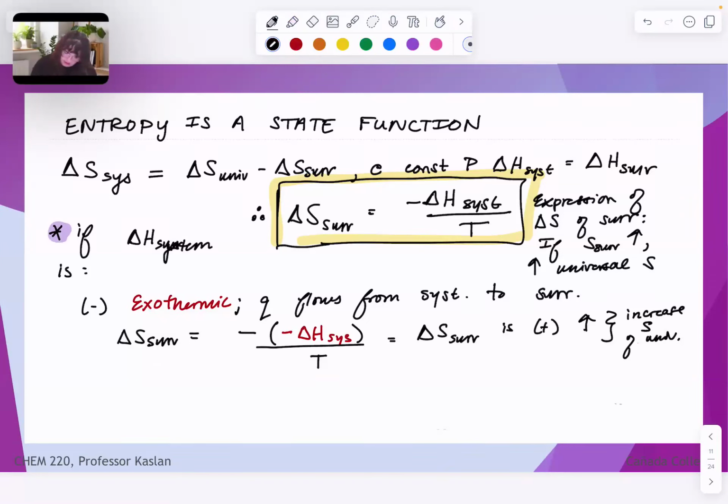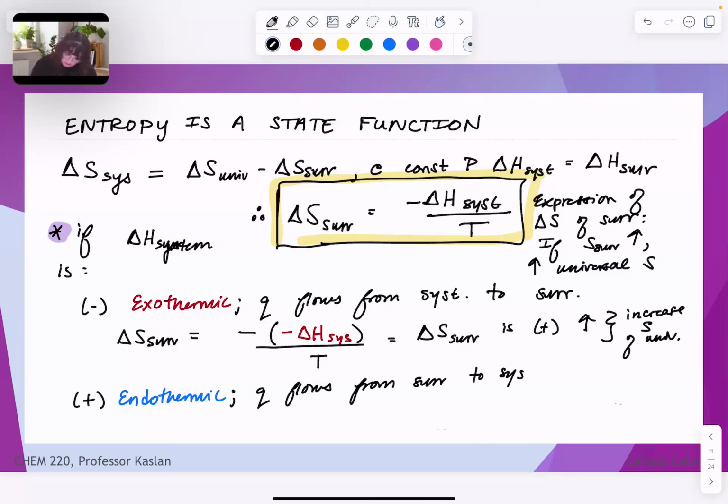Let's do an analysis for if we were endothermic. So if we are an endothermic reaction, then heat flows from the surroundings to the system, meaning that the change in entropy of the surroundings is equal to negative of the heat of reaction divided by T, which results in a change in the entropy of the surroundings that is negative.